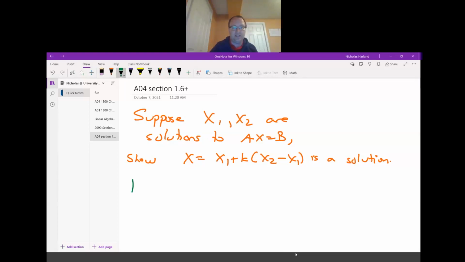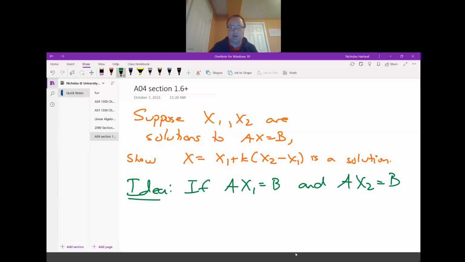So the general idea before we do it is, if ax1 is equal to b and ax2 is equal to b, we want to show that a times (x1 plus k(x2 minus x1)), if we plug in this, is also equal to b.